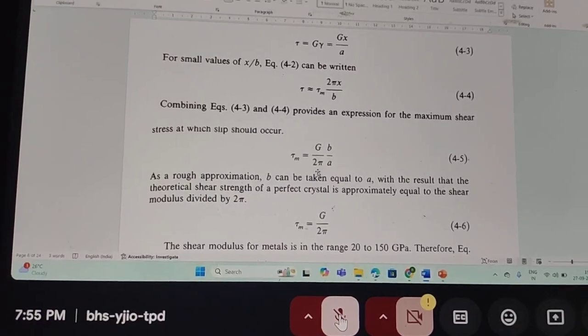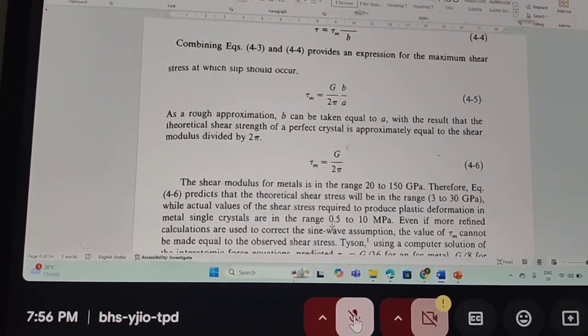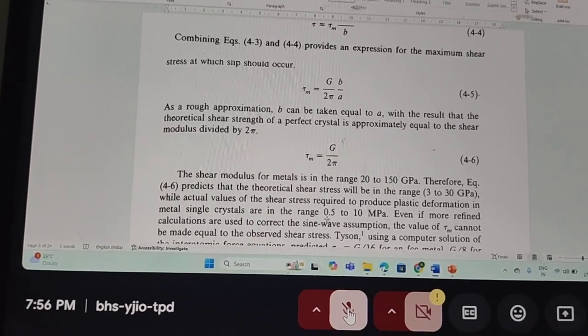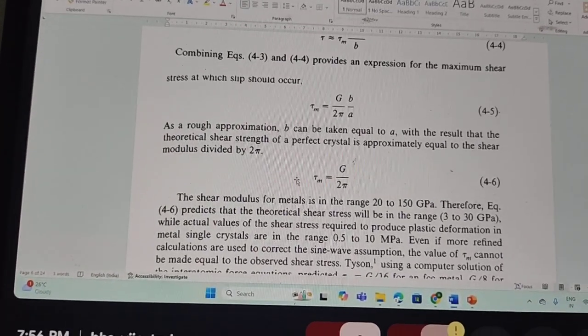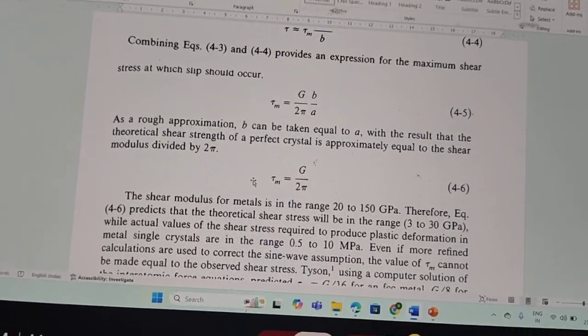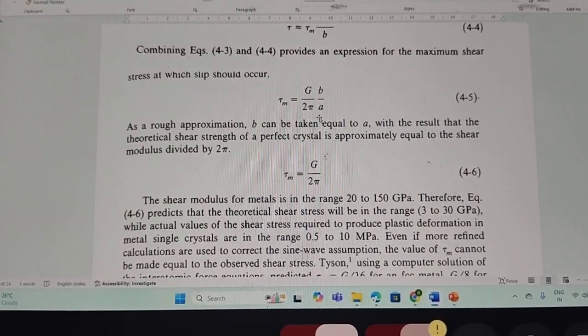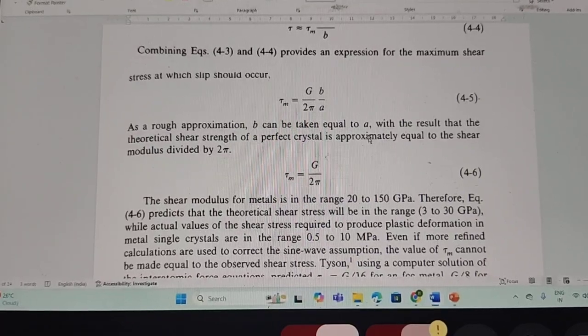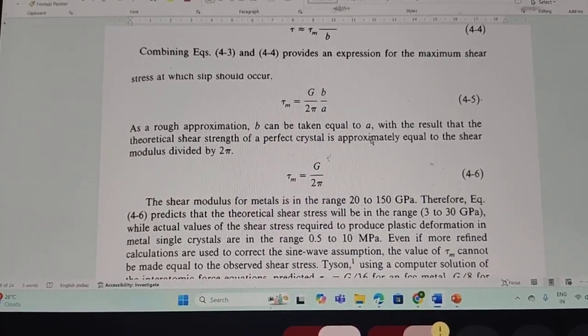You might have noticed this question was asked in previous years also, where you had to deduce slip in a perfect lattice. So from tau m equal to G by 2 pi into B by A, B can be equal to A for a cubic lattice, where interplanar distance and interatomic distance may be similar.